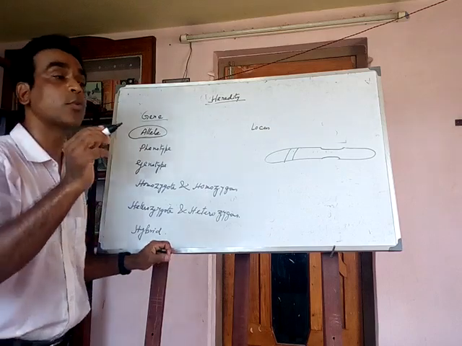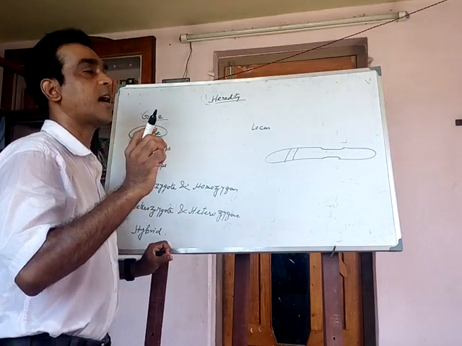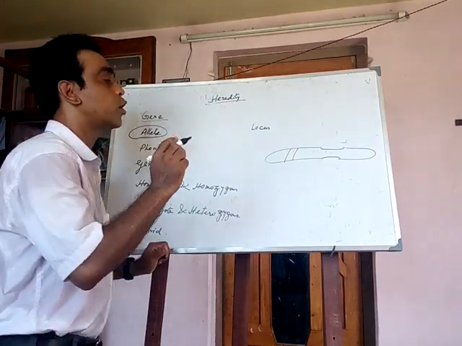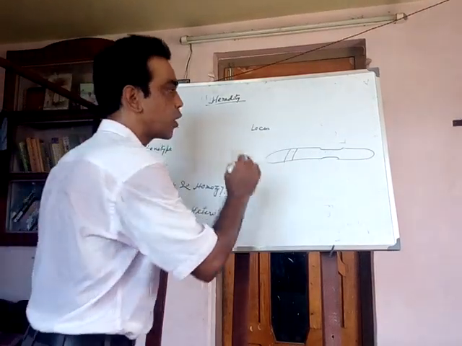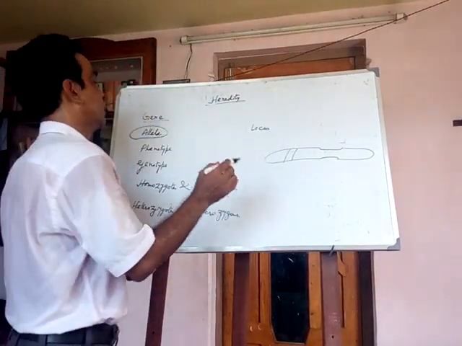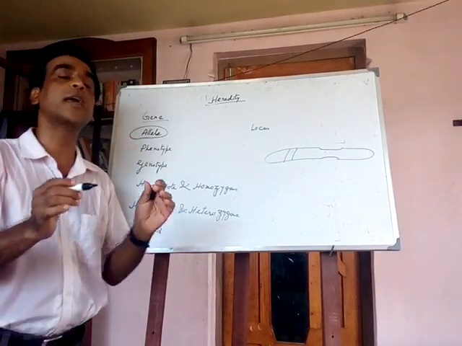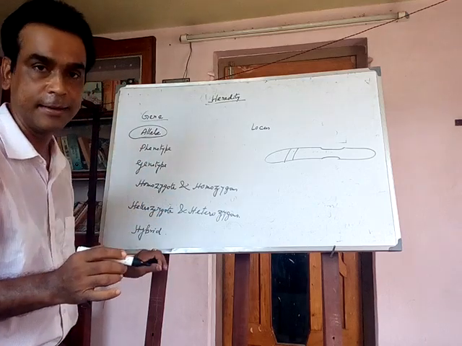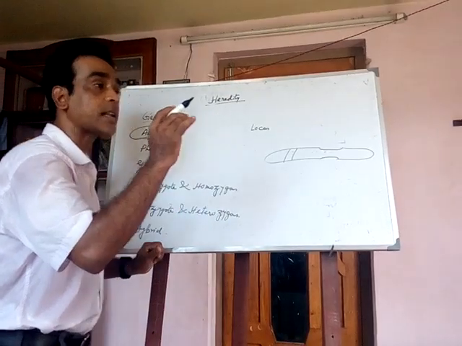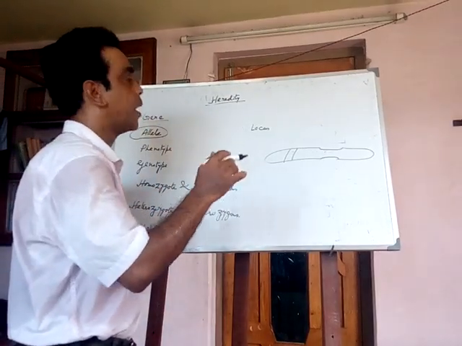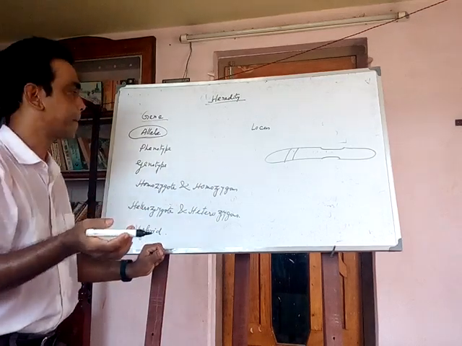The certain places of chromosome where the genes are found, this point is called locus, and the certain locus where the similar or dissimilar genes, or the pair of genes, are found is called allele. So alleles are those types of genes found in a certain locus, that is similar or dissimilar.